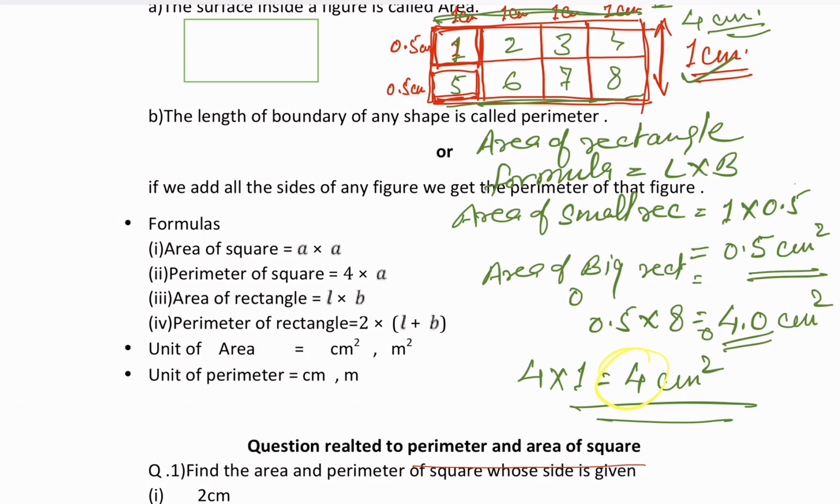This and this are both equal. So in this way you can count the number of small rectangles, or you can find the area of the rectangle by using the formula.